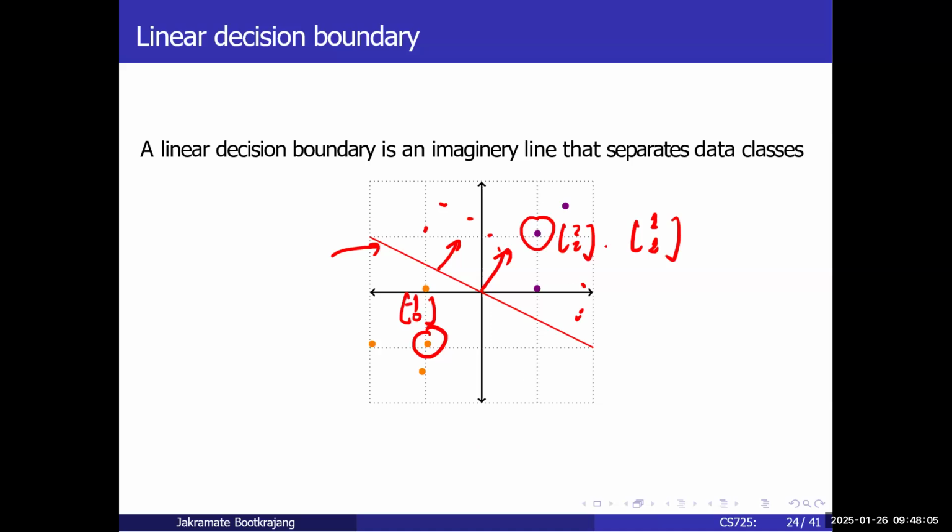So for 2, 2, you multiply with the transpose and you get 4: 1 times 2, 1 times 2, and then you add up. For this example, your decision boundary is 1, 1, and you multiply the point here, so you get -1 plus 0, and then you get -1.